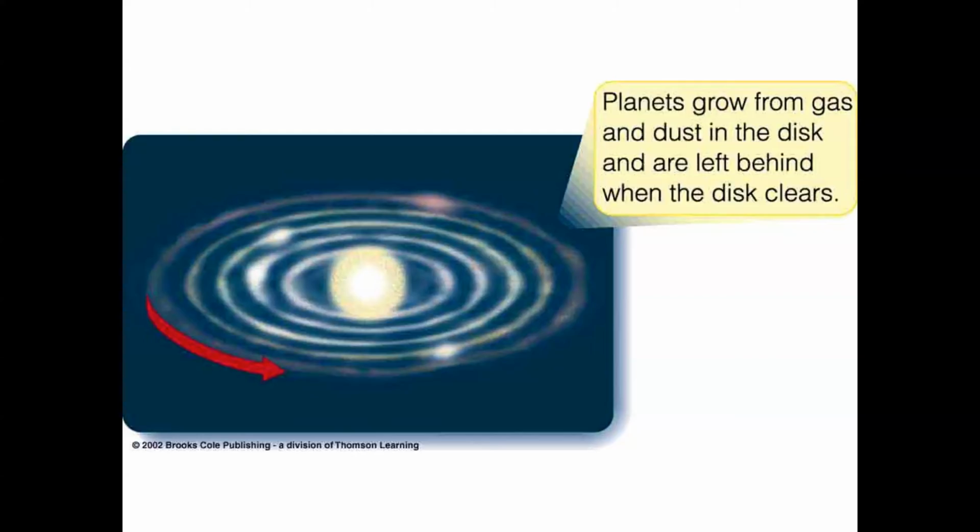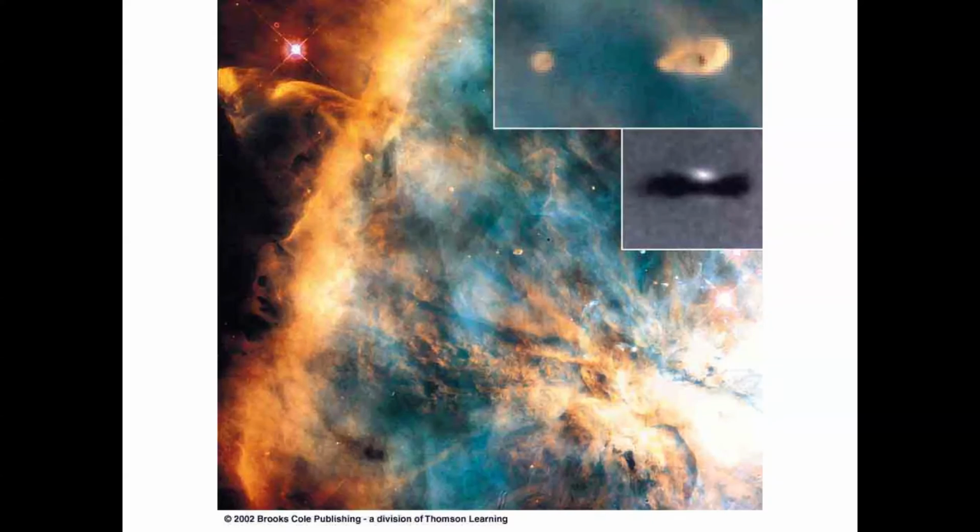Another idea is that some kind of instability develops in the gas in the disk that causes the gas and dust together to coagulate to form the planets fairly rapidly. But whatever the reason, we now know that planetary systems are remarkably common. 20 years ago, we didn't know of any planetary systems other than our own. And that's been one of the major changes that's happened since I began teaching this class.